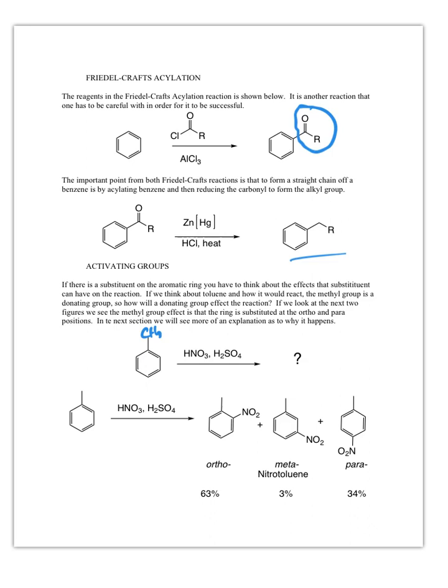With toluene, we can't draw any resonance structures moving electron density into the ring because we don't have any free electrons off of it, but we know that methyl is electron rich, so the main products are going to be the ortho and para substituted nitrotoluenes. The meta-nitrotoluene is way down on the list in the amount we form because we have that donating group on there. The ring is electron rich, either ortho or para to the donating group.